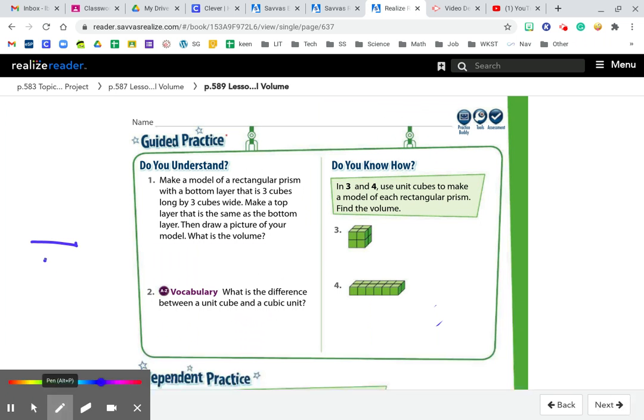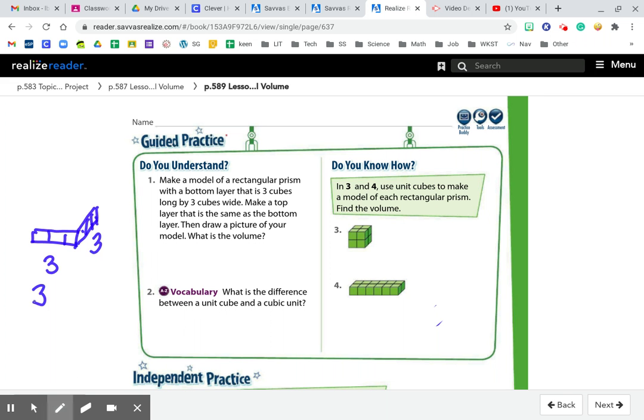So if we have 3 cubes, 1, 2, 3 is my bottom layer, and I have 3 cubes wide, 1, 2, 3. My length is 3 right here, times 3, which is my width right here, and they want one more layer on top.